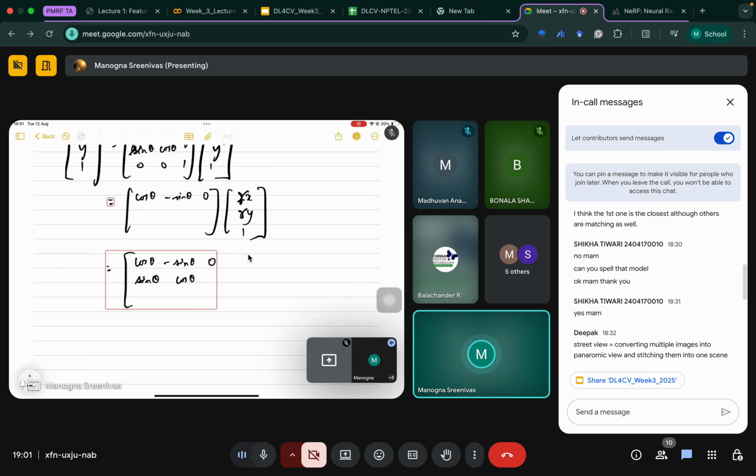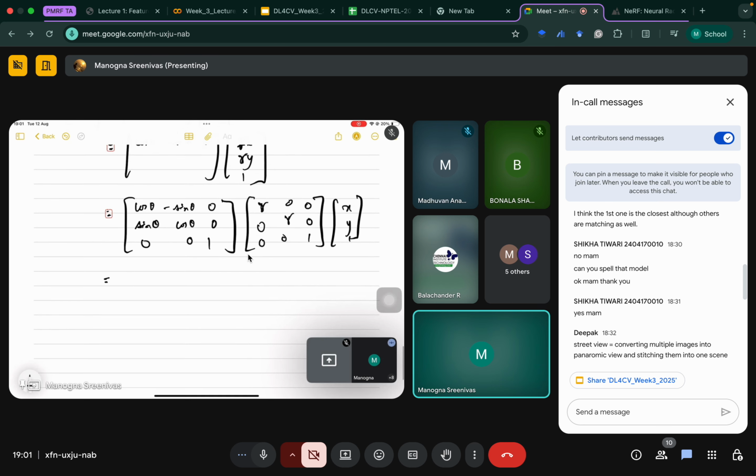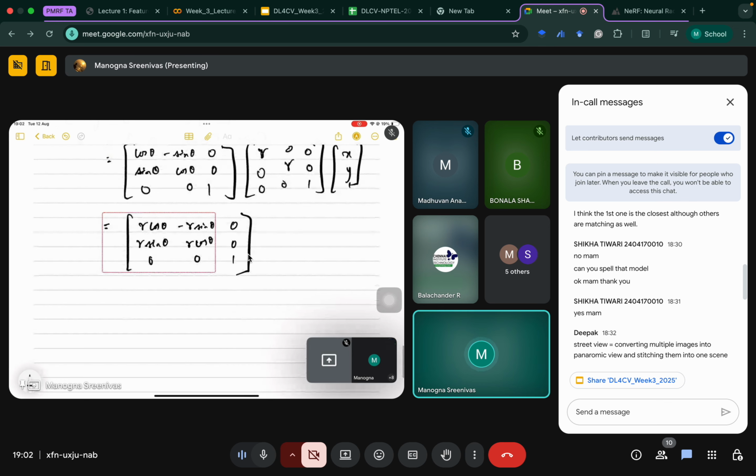So can I combine these two things in one matrix? I can write this as r, r, 1 on the diagonal with zeros elsewhere, and then x, y, 1, right? Now I can multiply both of these: r cos theta, minus r sin theta, 0; r sin theta, r cos theta, 0; 0, 0, 1.